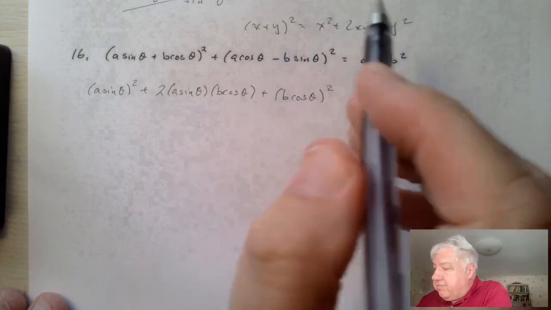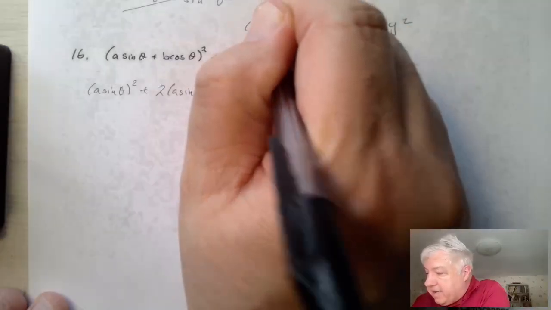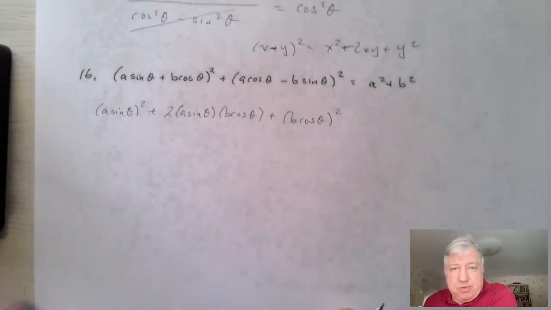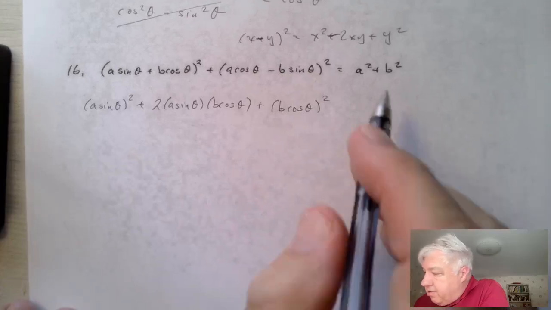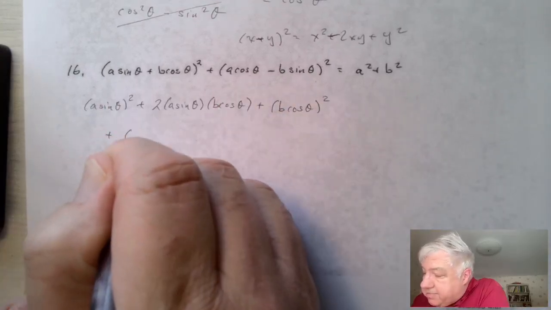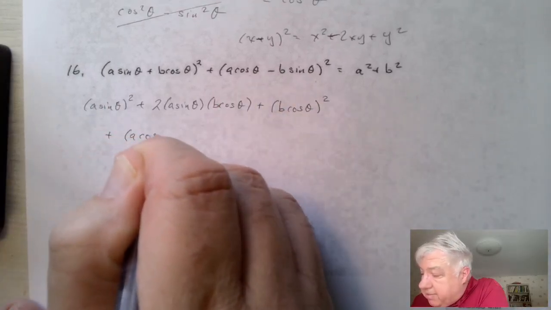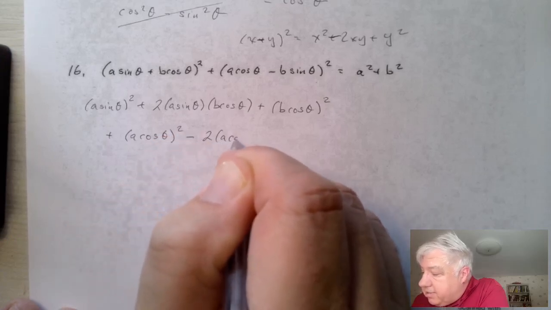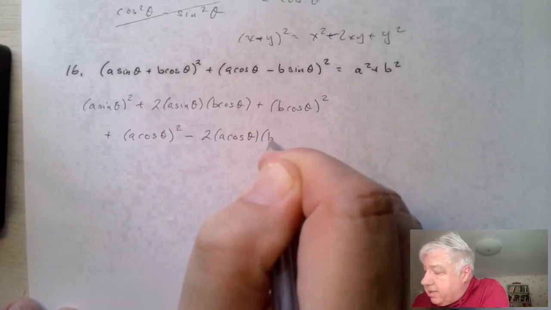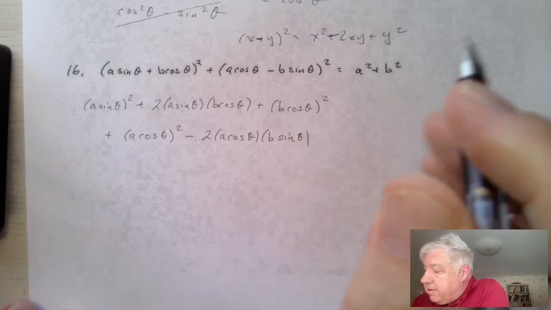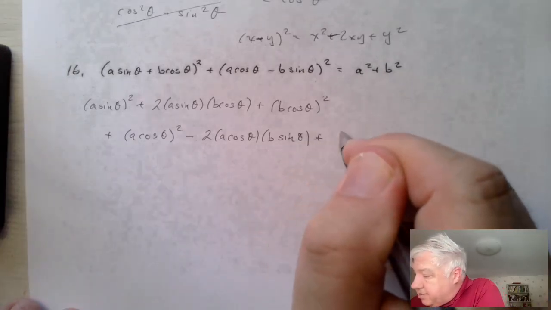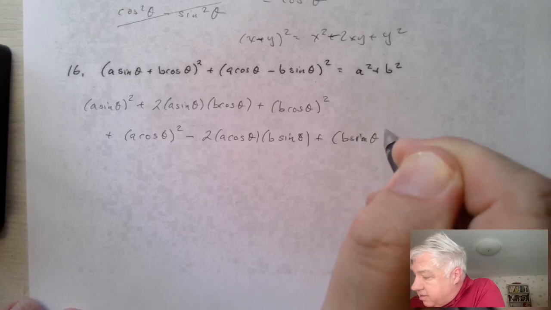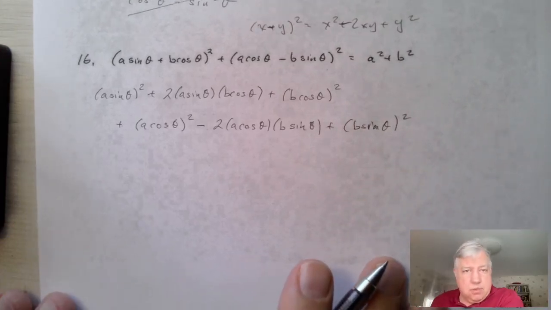So x minus y squared is x squared minus 2xy plus y squared. So this is going to be plus a cosine theta squared minus 2a cosine theta b sine theta plus b sine theta squared.